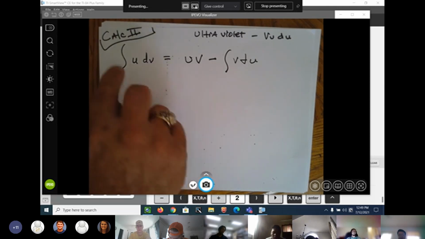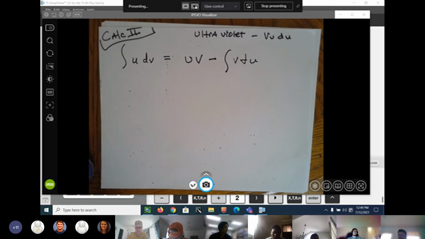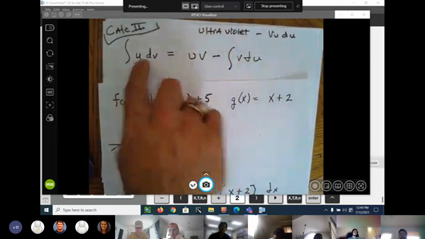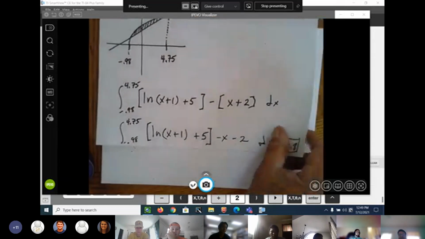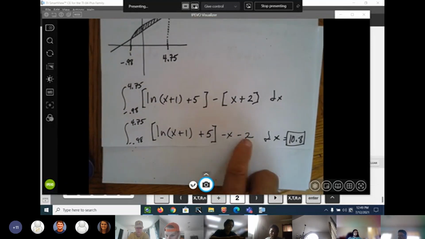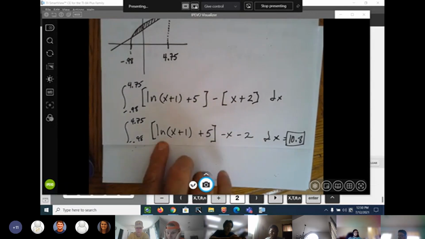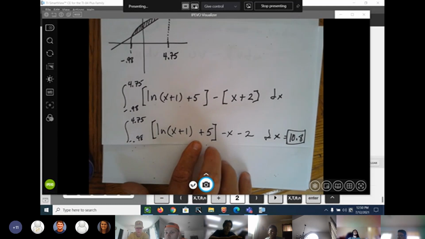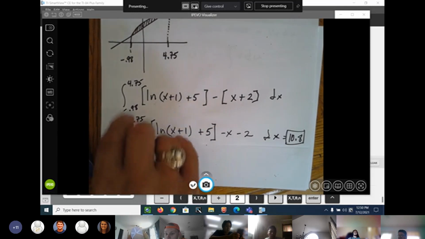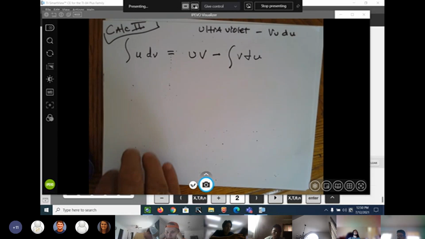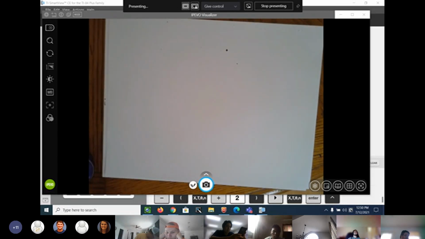To do this problem by hand, you're going to have to use ultraviolet minus voodoo, because you basically have something times something, and that turns into natural log of x plus 1 times x plus 3, and that turns into ultraviolet minus voodoo. So don't worry about it until next semester. But you can do it by the calculator.